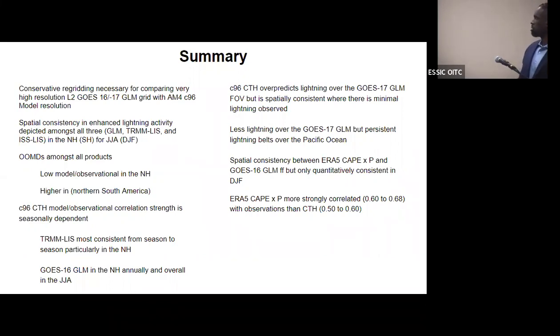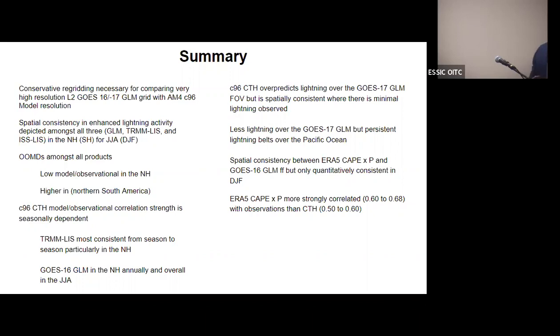We found the correlation strength to be seasonally dependent, particularly with TRMM-LIS in the Northern Hemisphere, and then GOES-16 in the Northern Hemisphere annually, and overall in the summer. We see that the cloud top height parameterization in our AM4 model over predicts lightning over that GOES-17 GLM region.